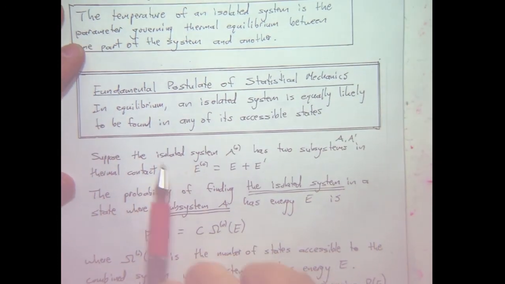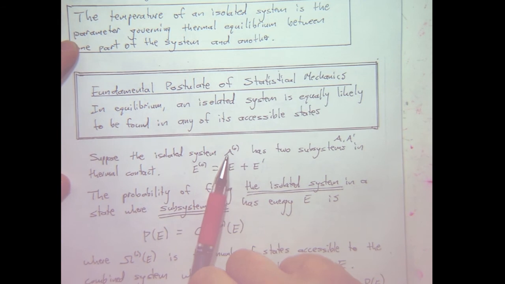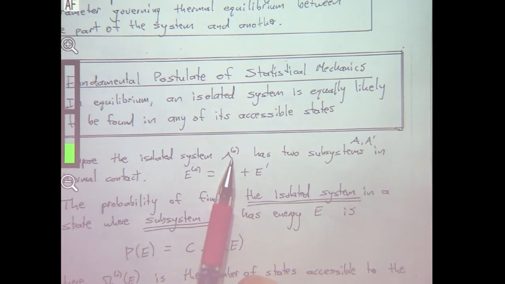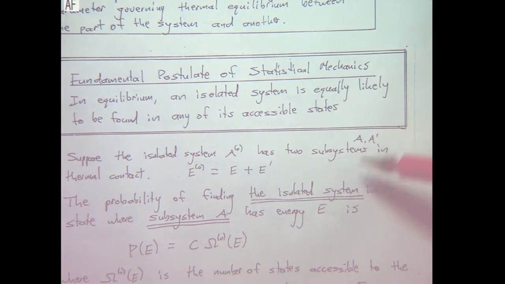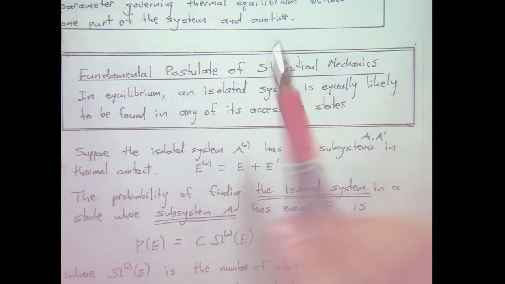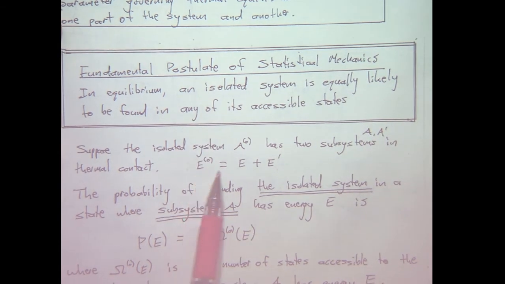Right. Now let's call the isolated system A0, and it has 2 subsystems, A and A prime, and they're in thermal contact, so that the total energy equals E plus E prime.